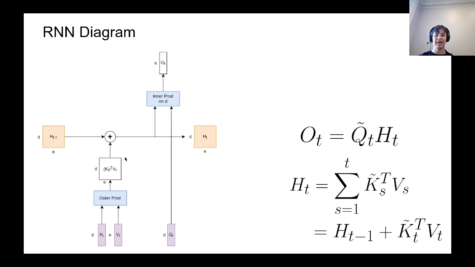This gives you a new matrix, which you then add to your hidden state. So you update your hidden state as shown here. And then you do an output projection: q multiplied on the left of the hidden state, and you get your output. Literally the most simple recurrent neural network you could possibly form, but that's linear attention. There you go.